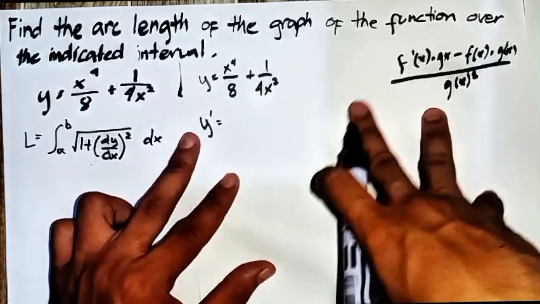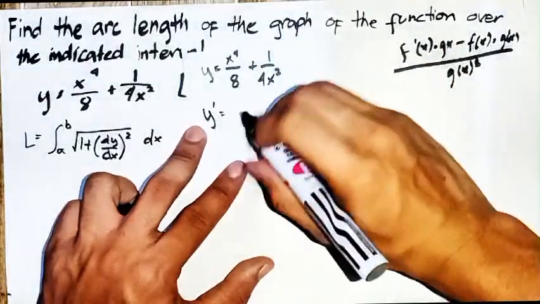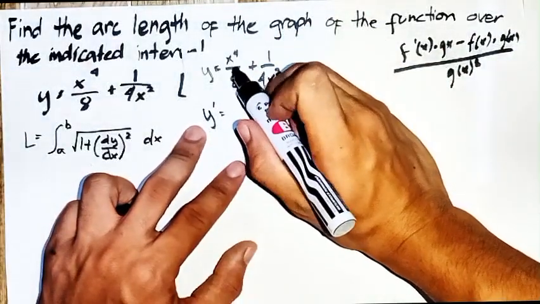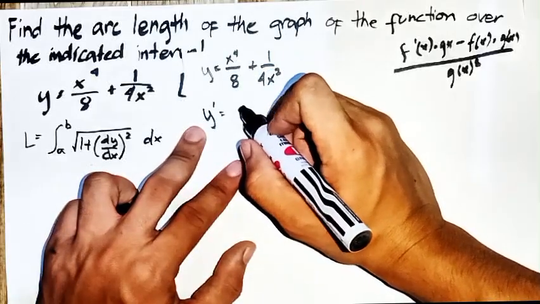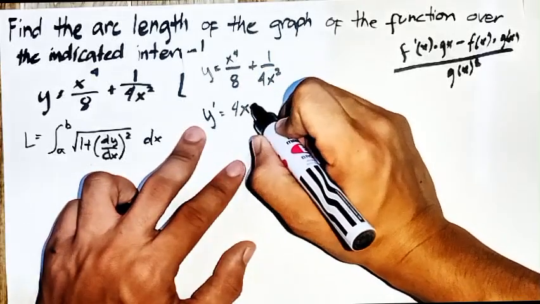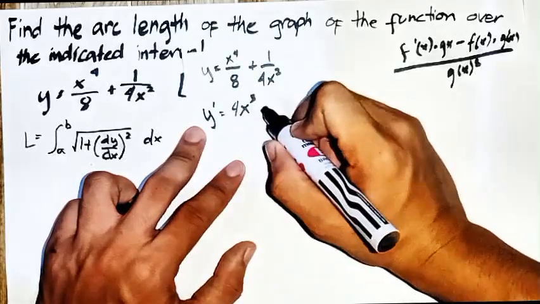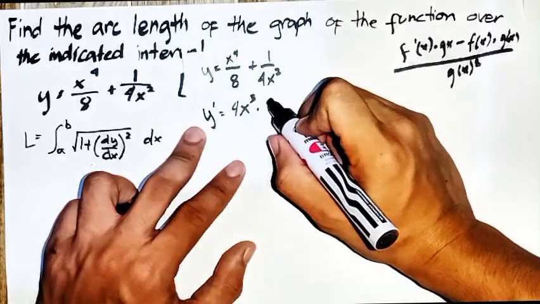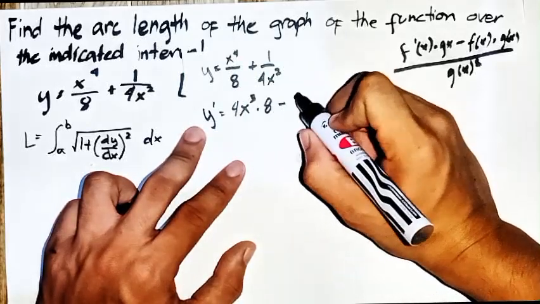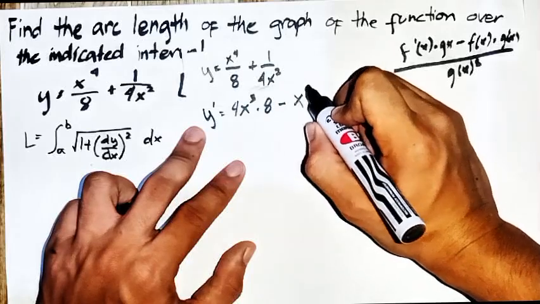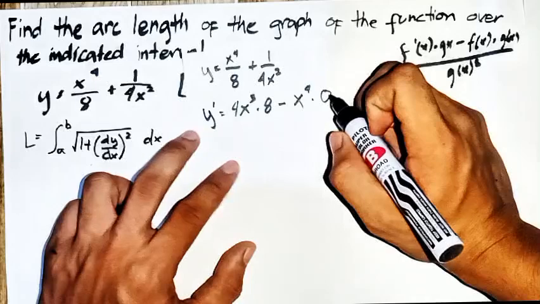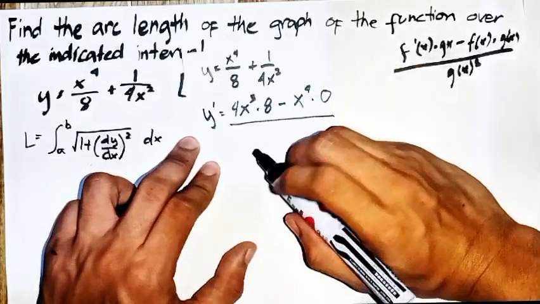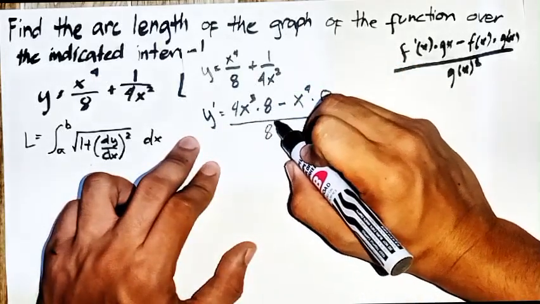So let's derive. The derivative of x to the fourth is 4x to the 4 minus 1, which is 3, times our g of x, which is 8, minus our f of x, which is x to the fourth, times the derivative of 8, which is 0, over 8 squared.